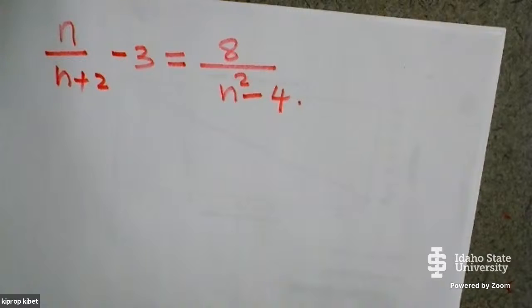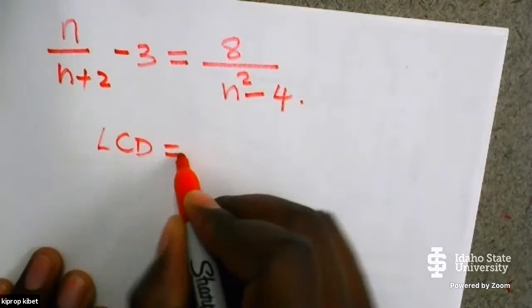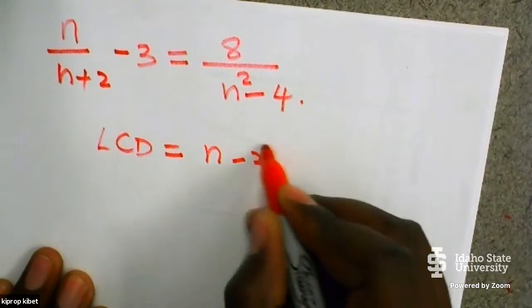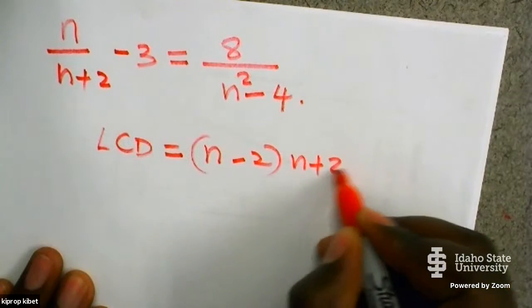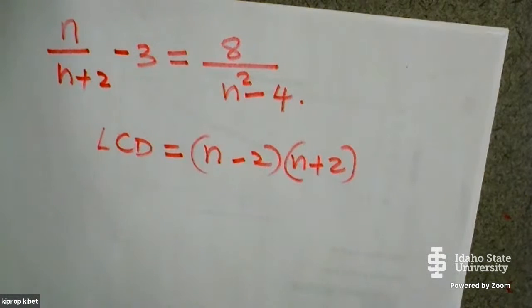Therefore, our LCD here will be n minus 2, n plus 2. So we now multiply by the LCD.